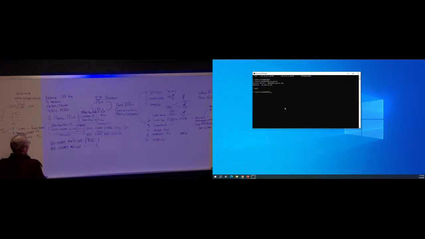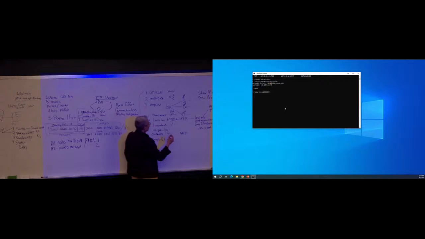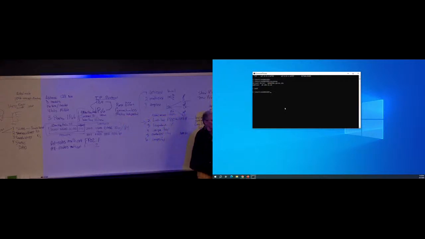I would expect to see a C. Daniel, what is the C? Connected what? You're on the right track. Yes, it's the directly connected network. It's really important you include that last piece, the directly connected network.